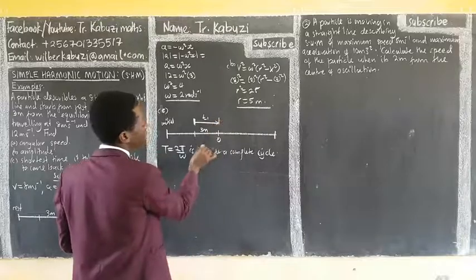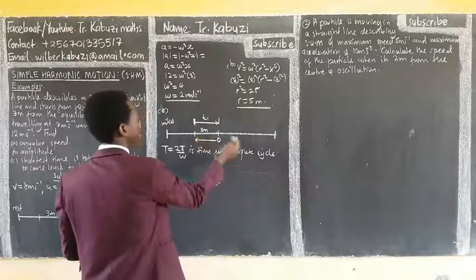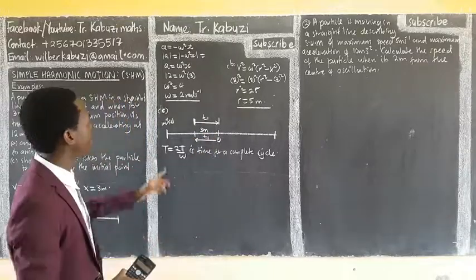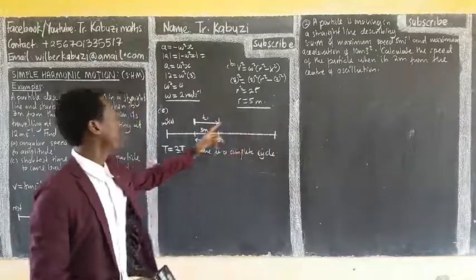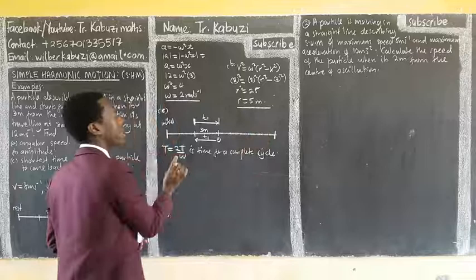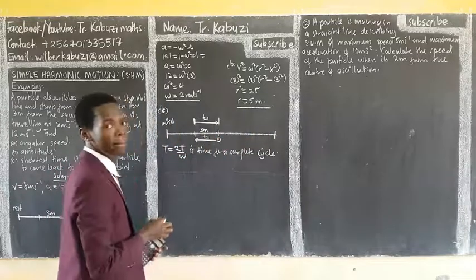It means that also coming back to this point, when it's coming back, this is also going to be T1. Now, to get the time that requires this particle to move from here up to here, I'm going to get the time for the whole cycle, then minus the time it takes to come here, then come back there.